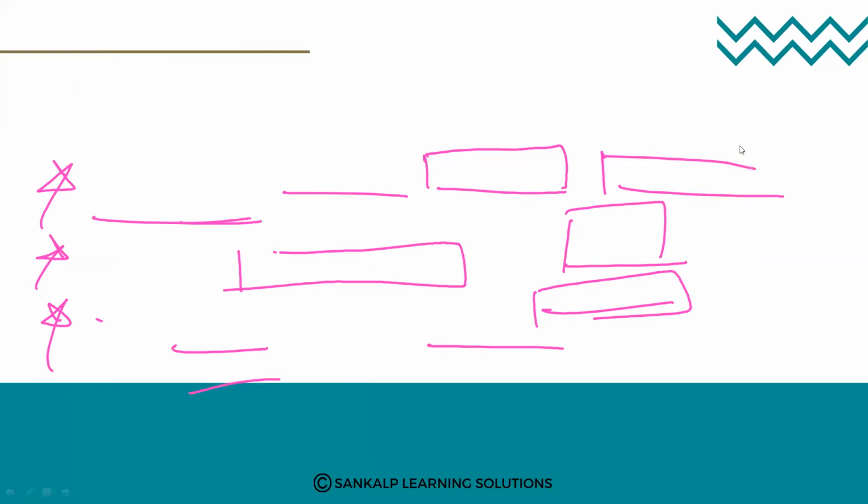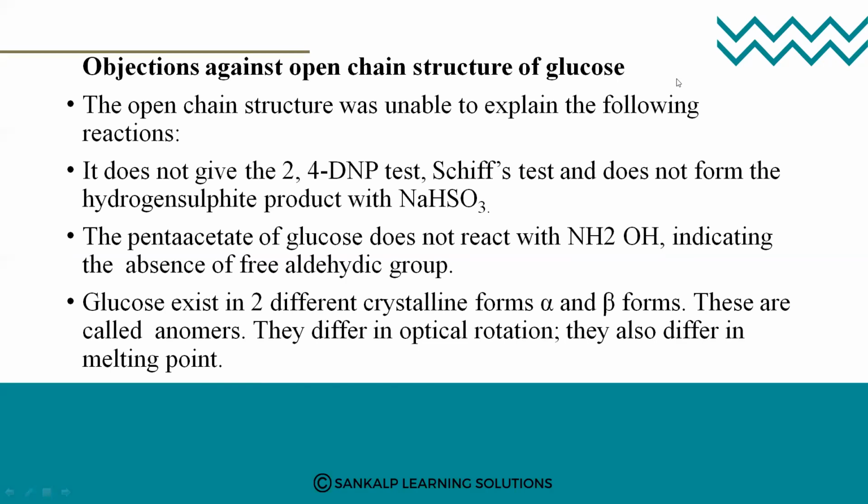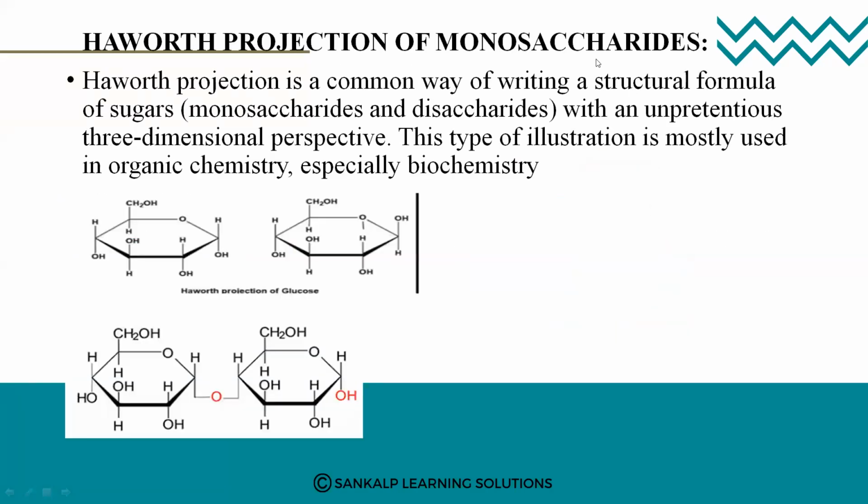Because of these objections, a cyclic hemiacetal structure is proposed for glucose, in which the OH group of the fifth carbon atom will be added to what?